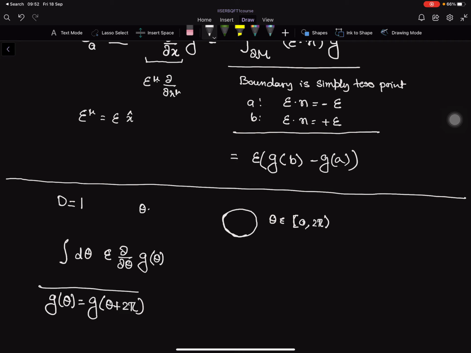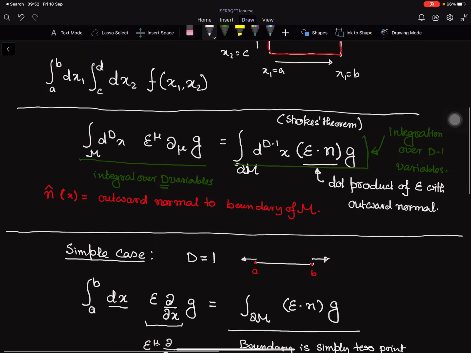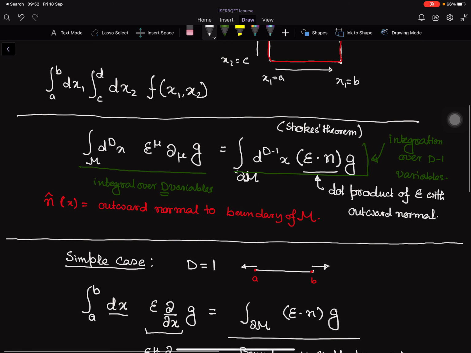Unless this is true, the function is not globally defined. So this is another important condition, that the function g has to be globally defined. So let me write it here. This is a globally defined function.